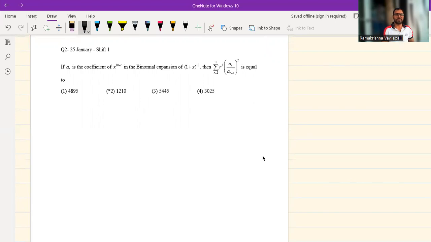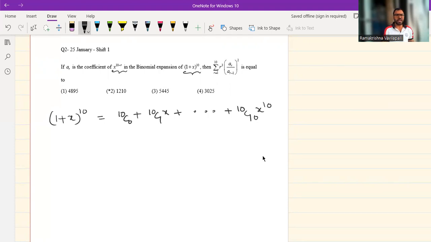Now observe the (1 + x)^10 expansion. (1 + x)^10 equal to, I can write, 10C0 + 10C1 x + and so on, 10C10 x^10. So A_r is the coefficient of x^(10 - r), right?